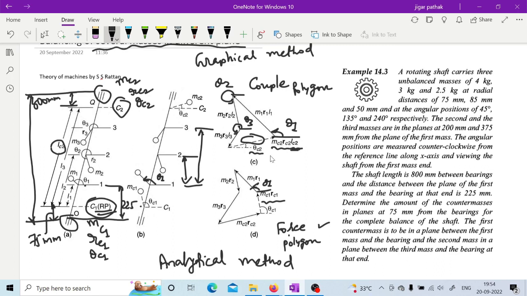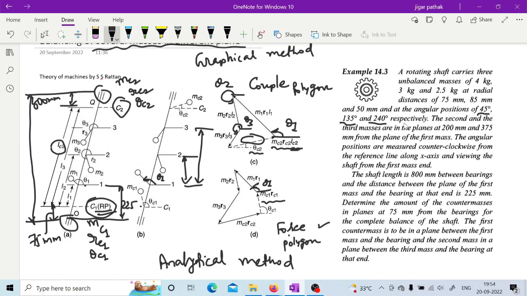For graphical, what problem are you telling? While drawing the vector diagram, sometimes I'm facing a problem with the direction. Which one would be the proper direction? See, that is given here clearly, right? Angle theta 1, theta 2 and theta 3.